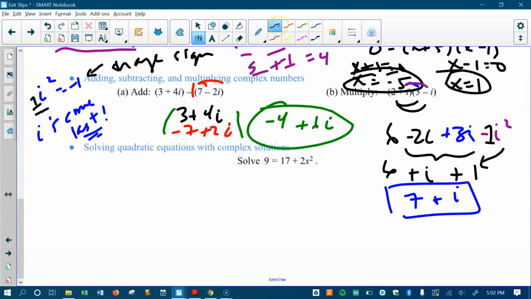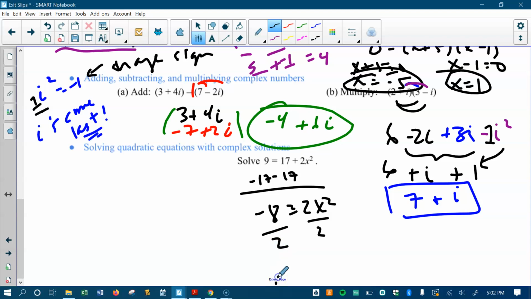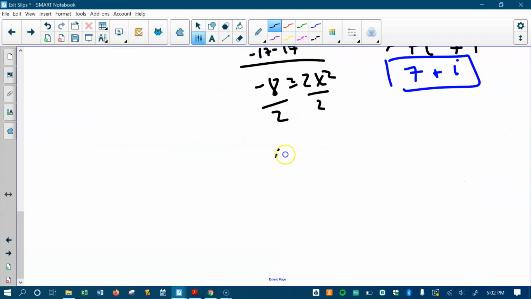Okay, let's finish up by going ahead and solving this last one with complex solutions. I'll subtract the 17 from both sides, and I get -8 equals 2x squared. Okay, divide by 2 on both sides, and I get -4 equals x squared. And now let's take the square root of both sides.